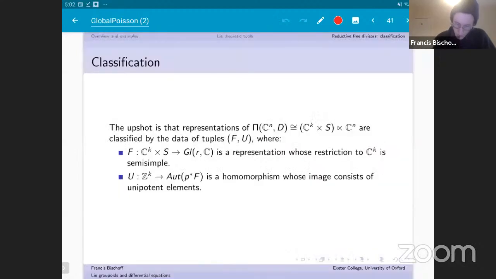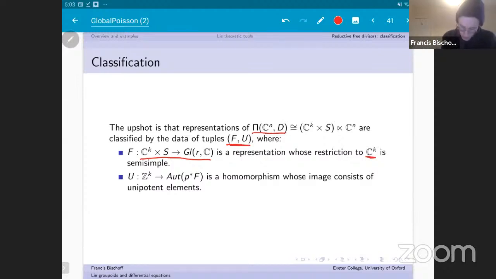Okay, so the upshot of all this is that we can get a classification. A representation of this groupoid, or in other words, a flat connection with logarithmic singularities along a reductive free divisor, is classified by the data of tuples (f, u), where f is a representation of this group, or equivalently a representation of the reductive Lie algebra, whose restriction to C^k is semi-simple.